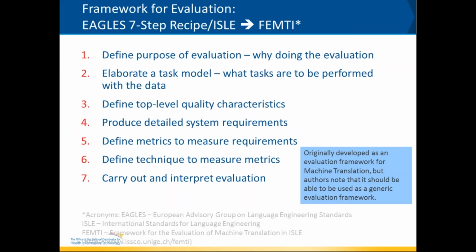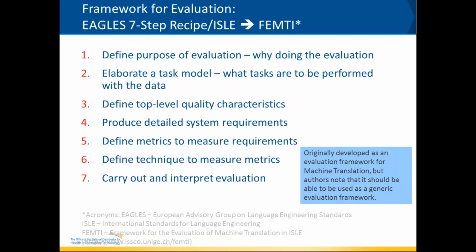So, one thing that we try to do in order to meet all of these criteria is we normally follow this 7-step recipe for evaluation. This recipe was originally developed by a joint NSF and EU, European Union working group under a project called ISLE, the International Standards for Language Engineering, and was originally developed for evaluation of machine translation.